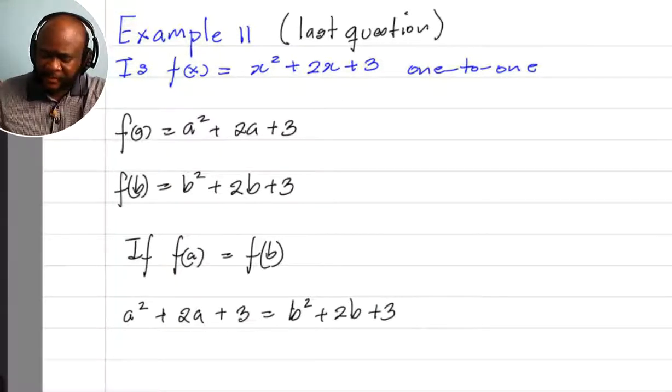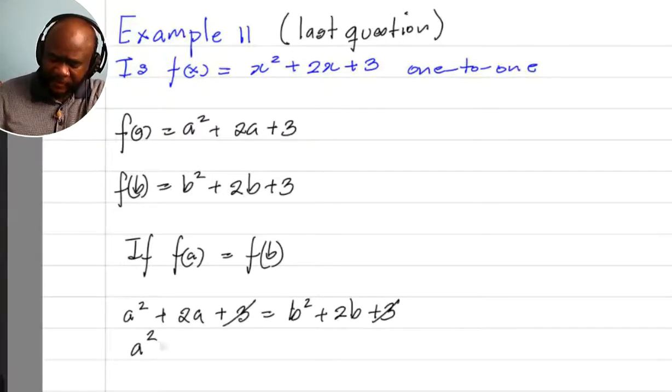We're going to have a squared plus 2a plus 3 is equal to b squared plus 2b plus 3. The positive 3 comes over to the left hand side, it becomes negative 3. So that goes. So what we have now is a squared minus b squared plus 2a plus 2b is equal to 0.